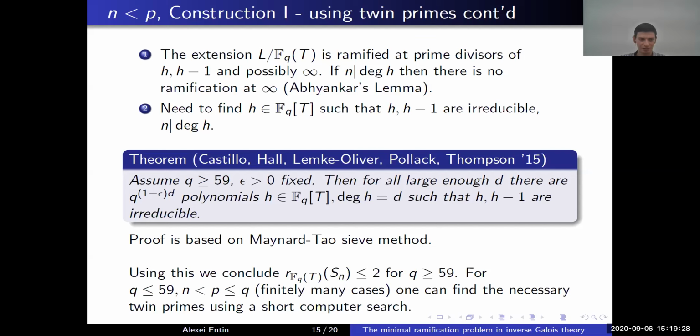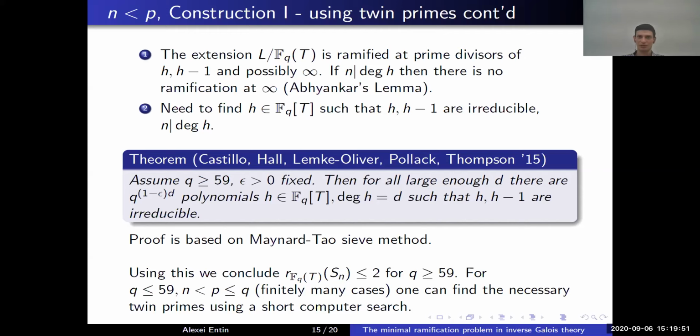So we obtain the full result, I mean, showing that we can do this with 2 ramified primes in all cases. This doesn't quite give us 1 ramified prime. So for this, we will need to use different constructions.